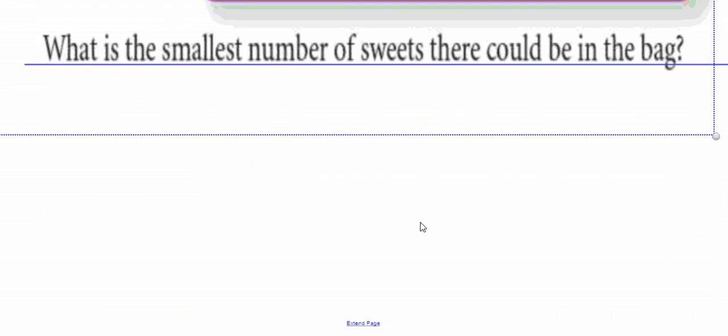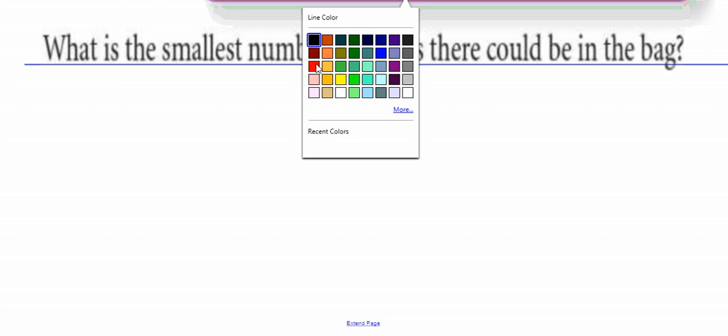Okay, so here the terminology which we have to focus on is the smallest number of sweets. The word smallest is equivalent to the word lowest.